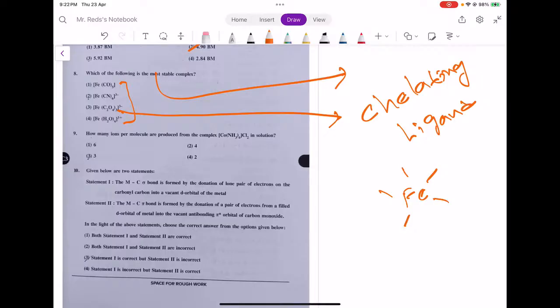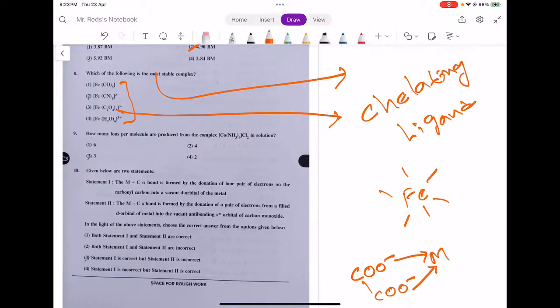Okay, like octahedron. Oxalate ion is a bidentate ligand, that is COO minus. Here this oxygen donates a lone pair to the central metal ion, and this oxygen also donates a lone pair to the central metal atom or ion.